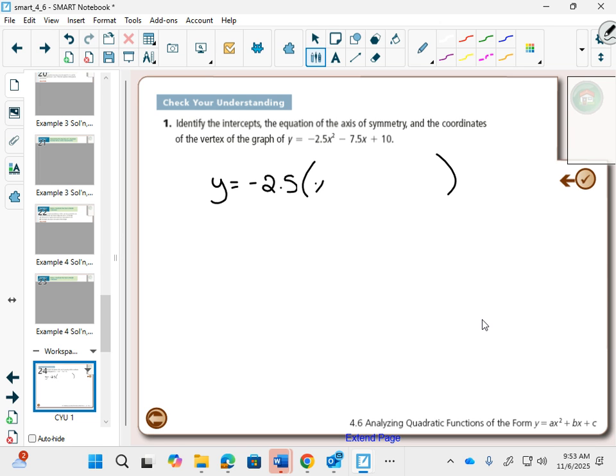Well, that would just leave me with x squared, so that's easy there. How many negative 2.5s in negative 7.5? There's 3 of them. Positive or negative? Positive. And how many in 10? 4. Negative, because a negative times a negative has to be positive.